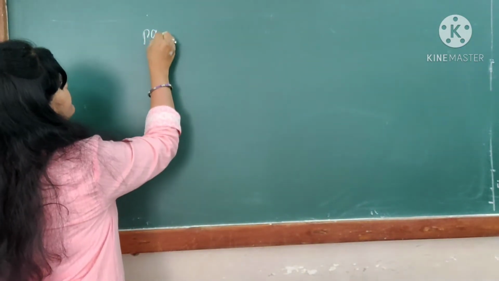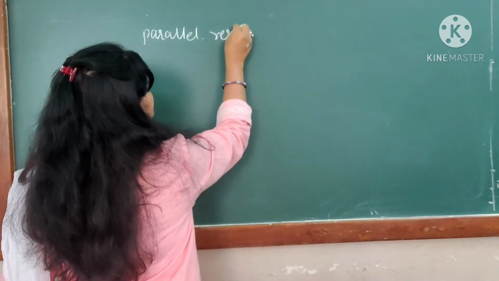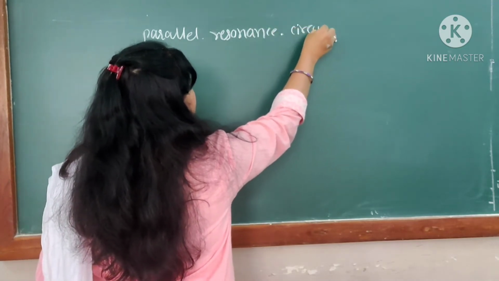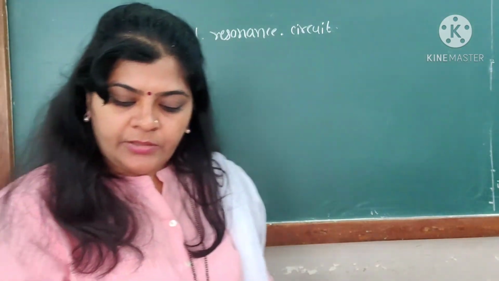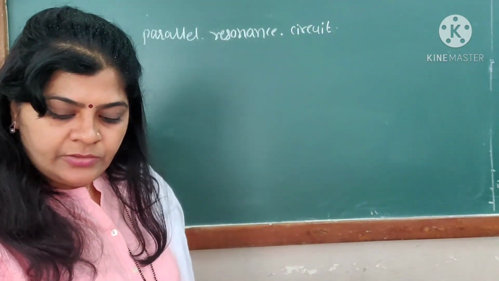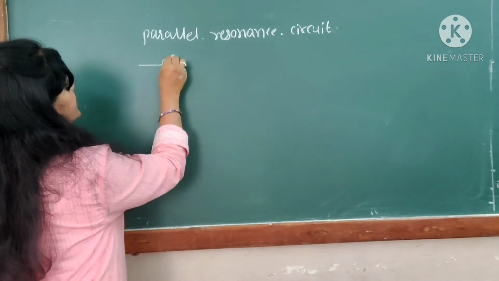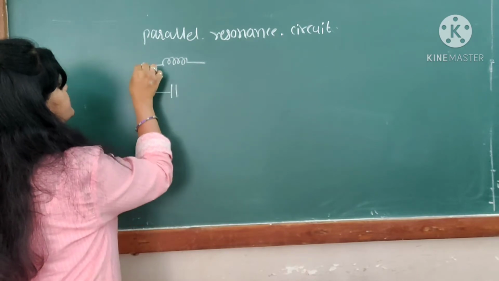In the parallel resonance circuit, an inductor and a capacitor are used. This one is the coil, and next is the capacitor.